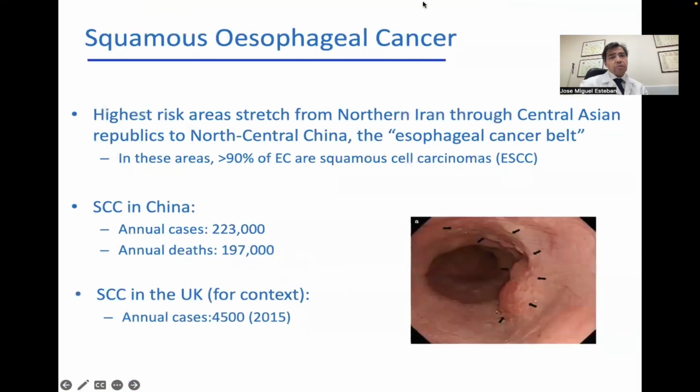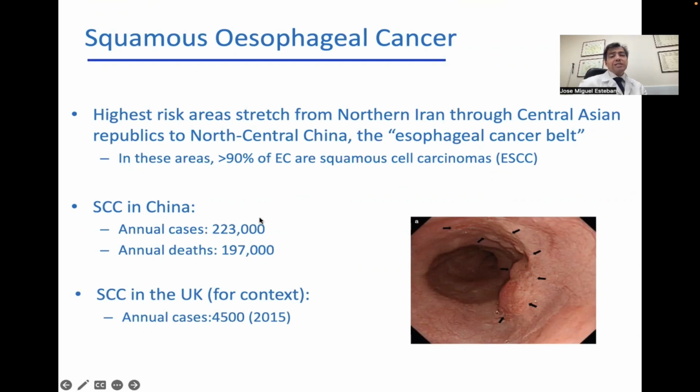What can we say about this? We need to remember that in some areas of China, Northern Iran, and Central Asia, this is the most important esophageal cancer. In this area, more than 90% of the esophageal cancers are squamous cell carcinoma.